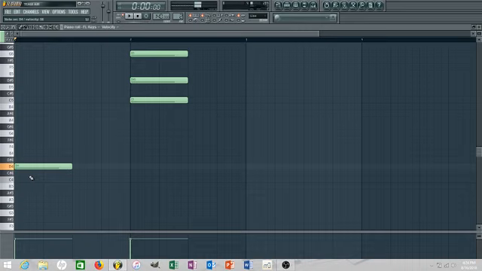So we go up to E, and then we go up to F sharp. That's going to give us the third. We went up 2 whole steps. Then we start on this note, and we're going to go up 3 half steps. Here we go. Ready?